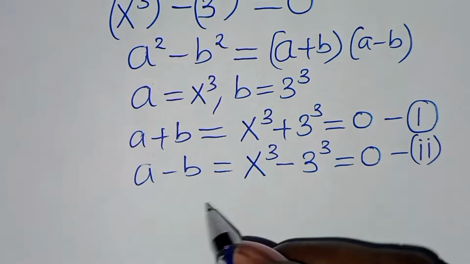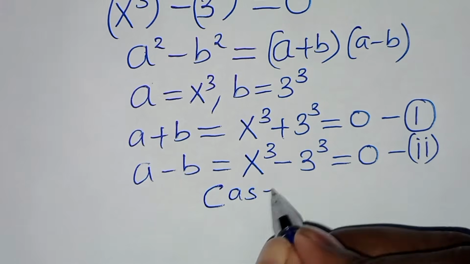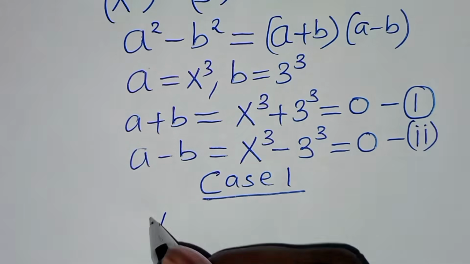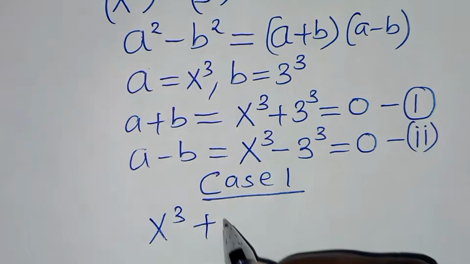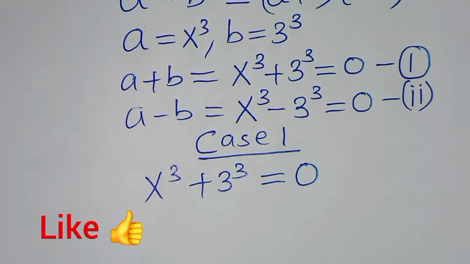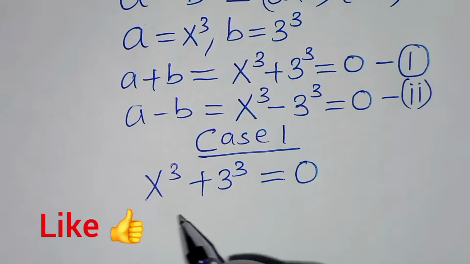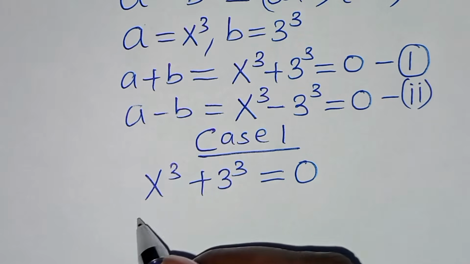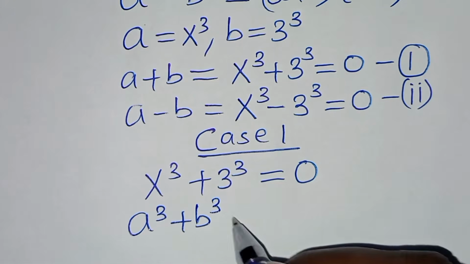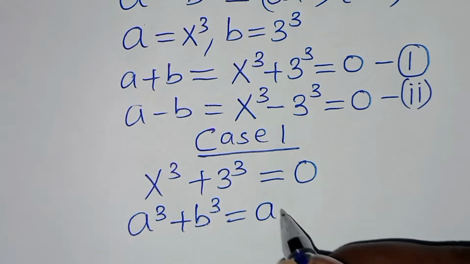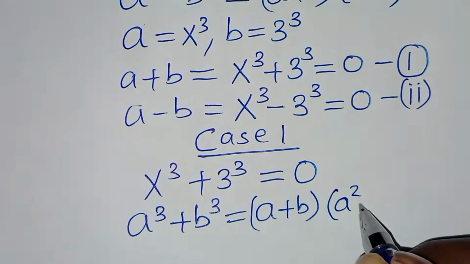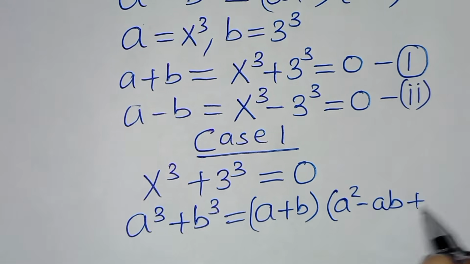Now, the next step is, let's start with equation 1. Let's call this case 1. So we have x to the power 3 plus 3 to the power 3 equal to 0. This equation is the sum of two cubes, expressed as a to the power 3 plus b to the power 3, which we can express as a plus b, then a squared minus ab plus b squared.